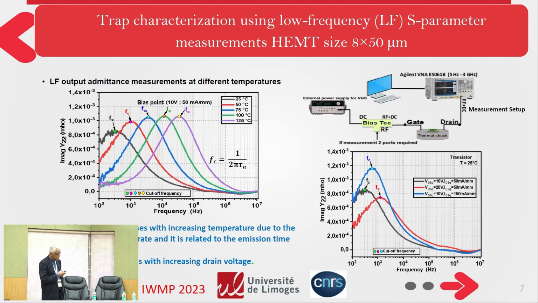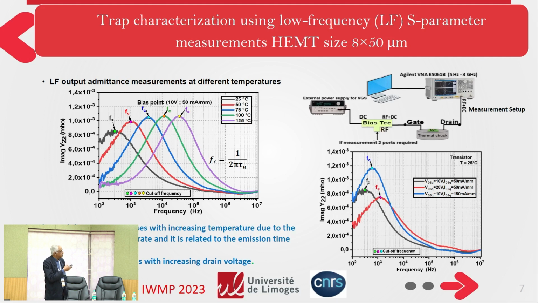As you can see, the peak position is found to shift to higher frequency with increasing temperature due to the increase in the emission rate, and it is related to the emission time constant. So we will see that with this we can characterize activation energy and capture cross section.